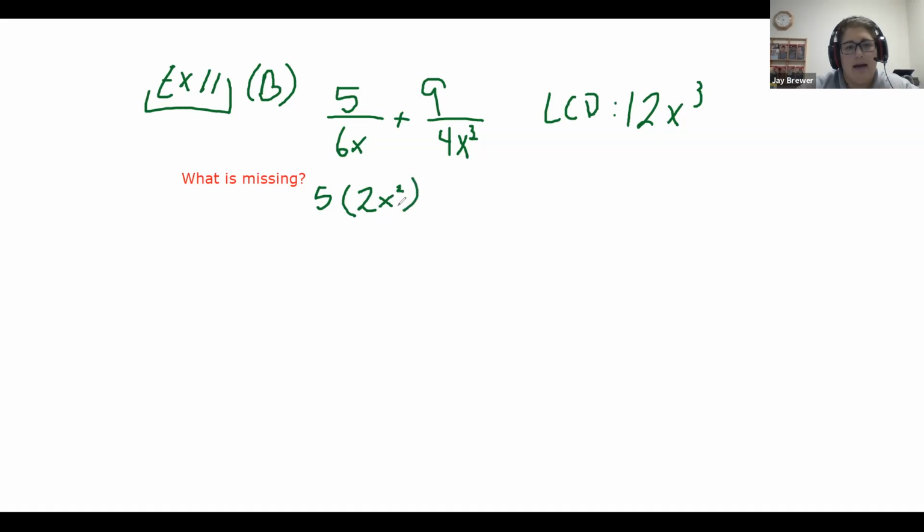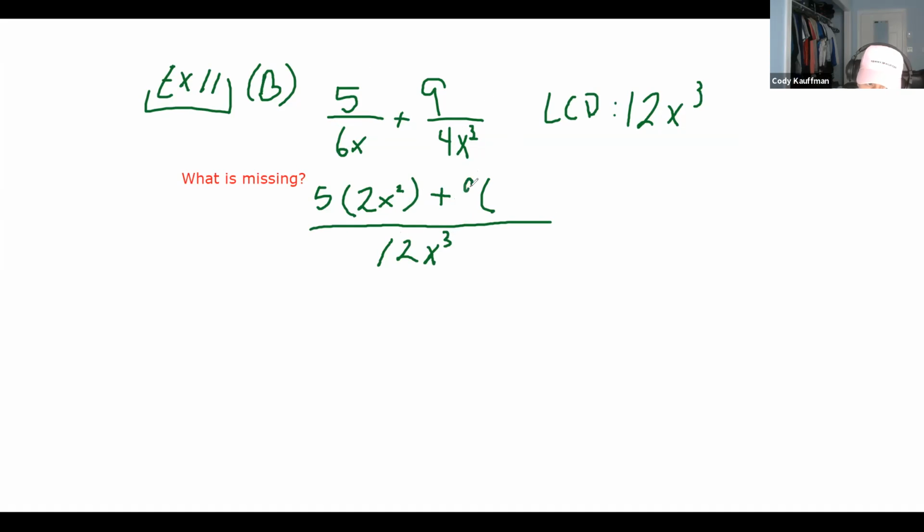All right, so now that we have that, the 6x basically disappears, because on the bottom is just going to be your common denominator. So the next question is, what do we have missing here? To go from 4 to 12, what do we need to do? Multiply by 3.